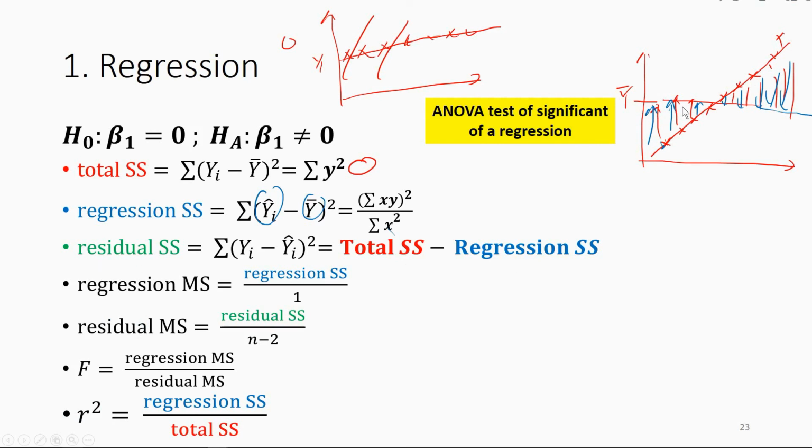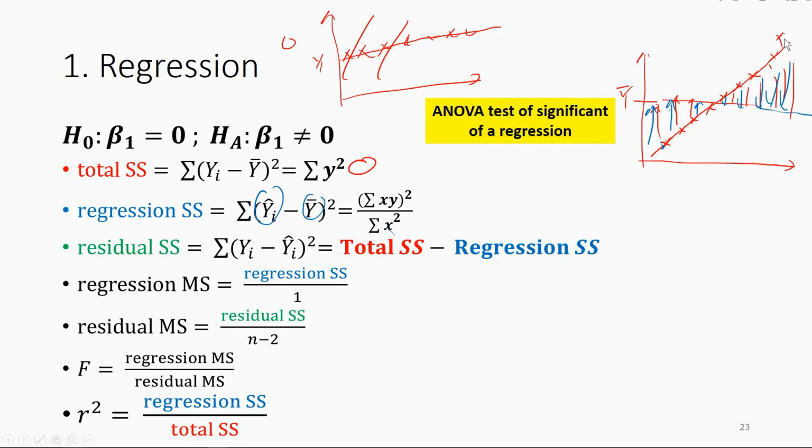Now you can see that the total sum of square is the same as the regression sum of square. If you take this value minus the same value, you get 0. But it's impossible to get 0, so this is why I put an extra point here.